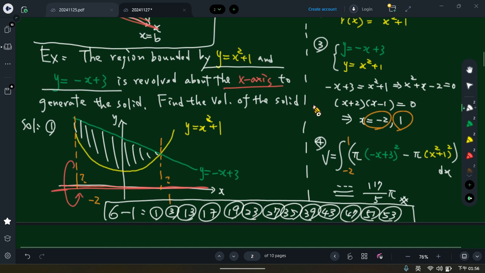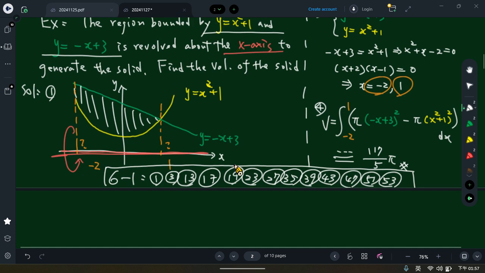But do you also think about this? If I give you the same region, but the rotation axis is different. You can see here, our idea is that I use this as a radius, so the height is perpendicular to the rotation axis.